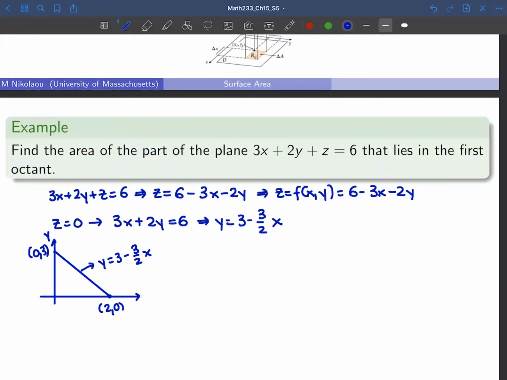We have y, x. So this is the region D over which we need to integrate, this triangular region. The region D is the set of all points x comma y such that 0 is less than or equal to x less than or equal to 2, and 0 is less than or equal to y less than or equal to the line 3 minus 3 halves x.